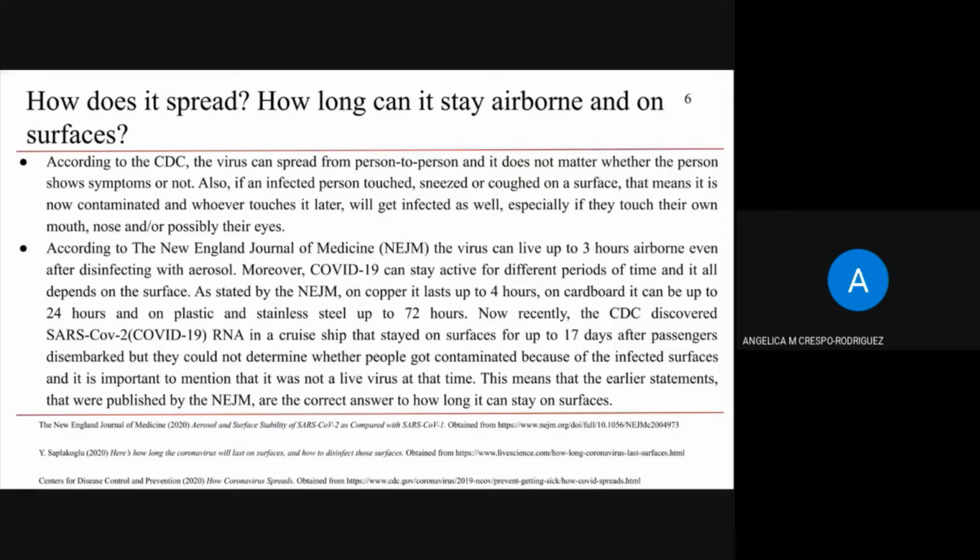The ship wasn't cleaned, but after they took a sample, they found it was not active, just pieces of the RNA. This means that for it to be effective, it has to be an entire intact genome. That's why we have to look at the types of surfaces to determine the hours correctly. And that will be all. Next, please.